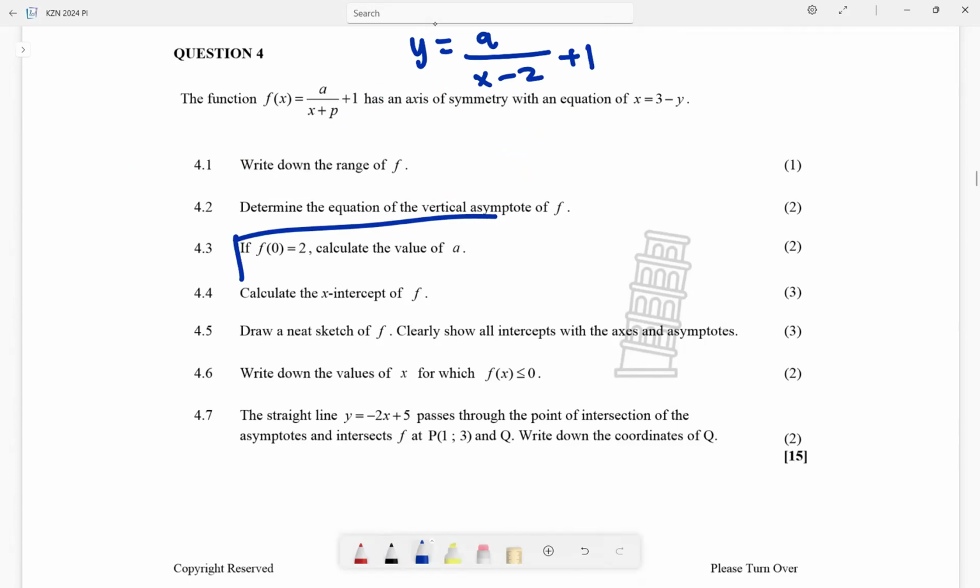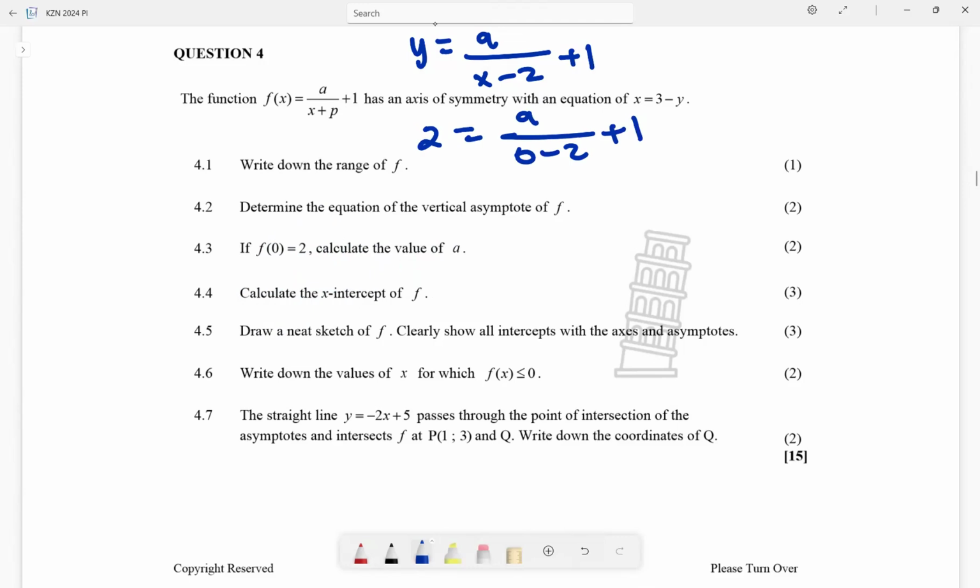Now we are told f of 0 is equal to 2, and we calculate the value of a. f of 0 equal to 2 means the value of y when x is equal to 0 is 2. So you come here and substitute y is 2, and x should be 0.